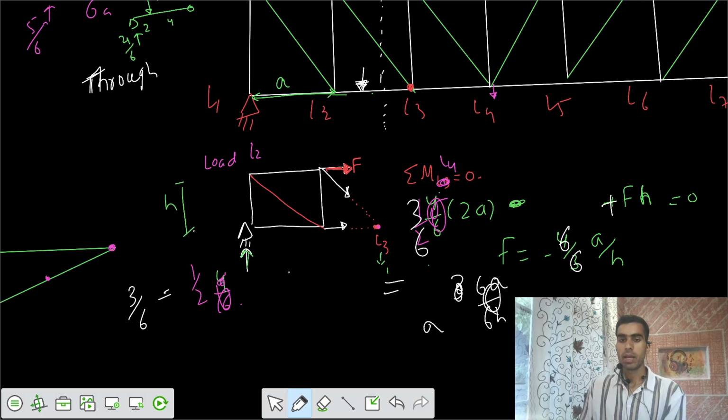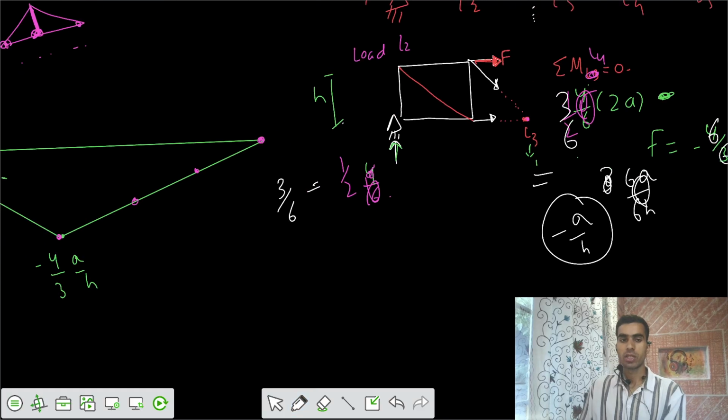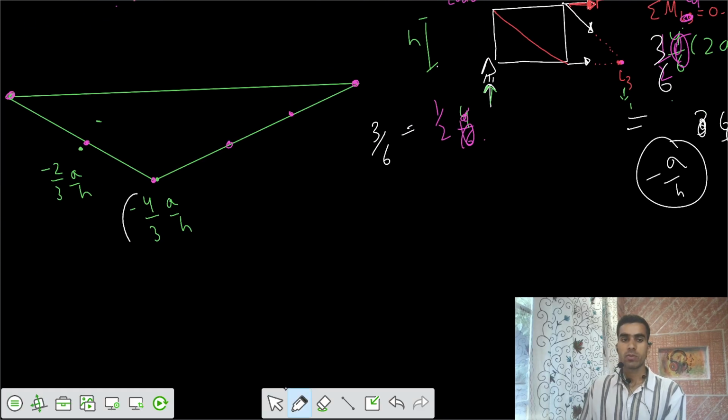So finally it is minus a by h. If this was 4 by 3 and that one would be 3 by 3, we can say that's 3 by 3 a by h, which also equals minus a by h.